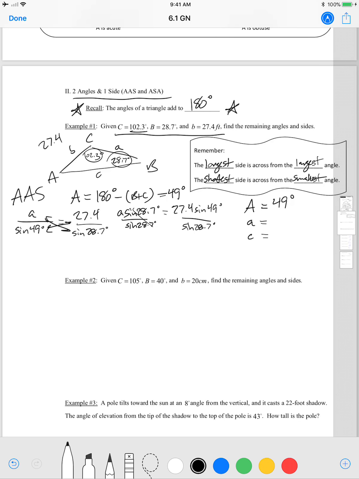Now, if you're like me, you don't need to do this intermediate step and you can jump straight to what A is. Good for you. Just make sure you're not making mistakes. For the rest of you, it's totally fine if you need this intermediate step. So A is going to be 27.4 times the sine of 49 degrees all over the sine of 28.7 degrees. Use your calculator. We should be in degree mode.